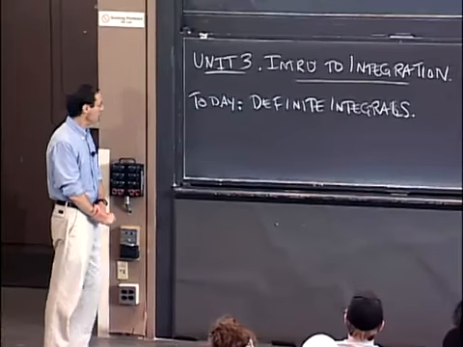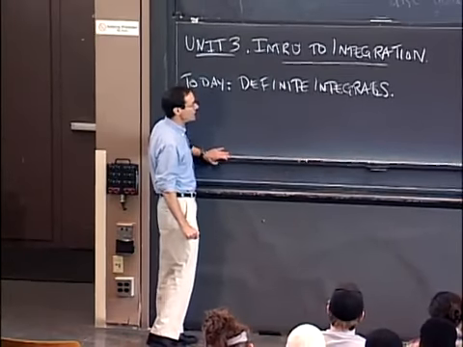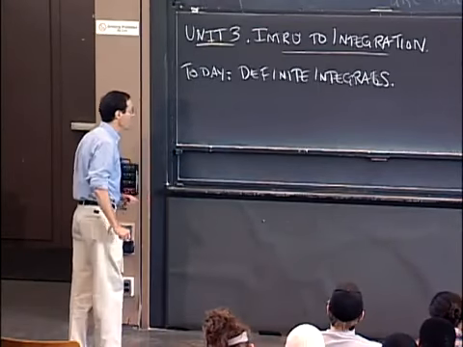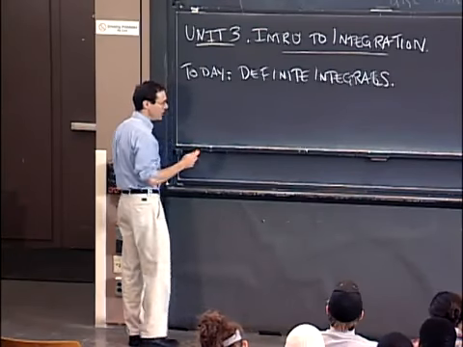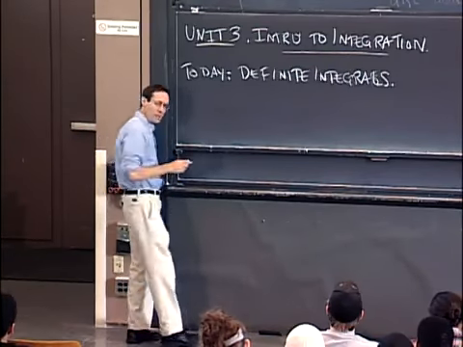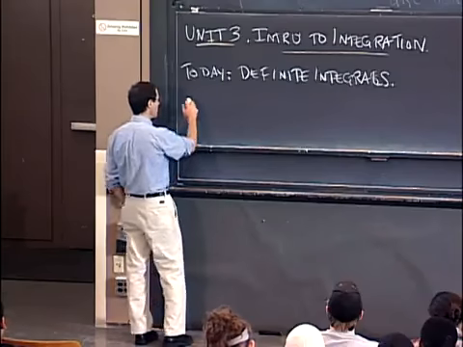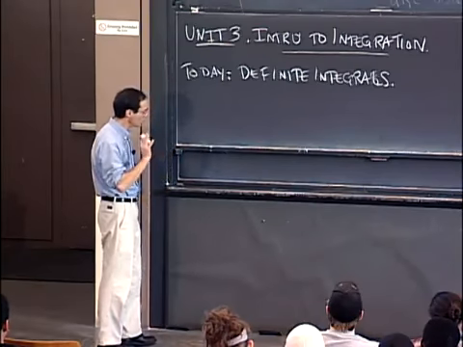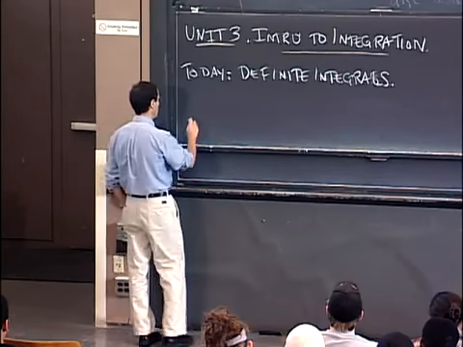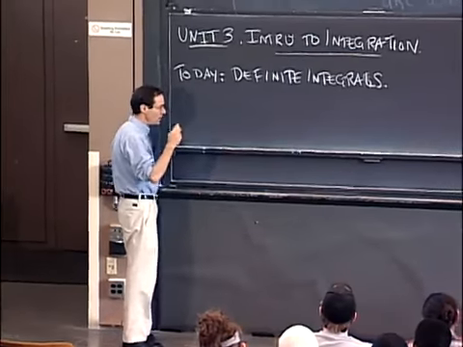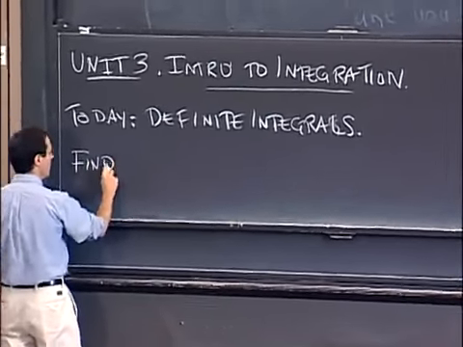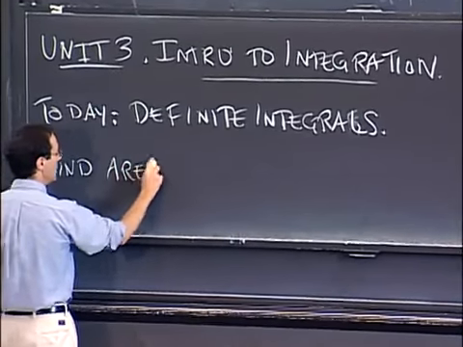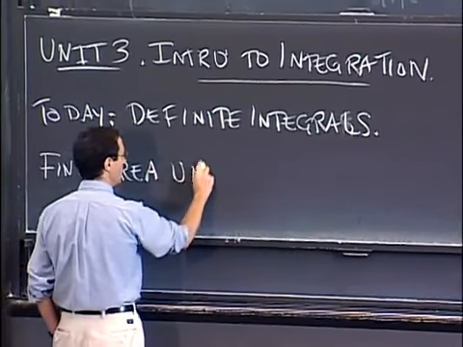All right, so the idea of definite integrals can be presented in a number of ways, but I will be consistent with the rest of the presentation in the course. We're going to start with the geometric point of view. And the geometric point of view is the problem we want to solve is to find the area under a curve.